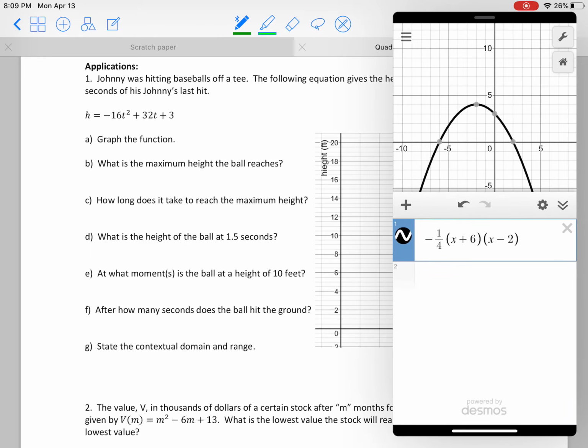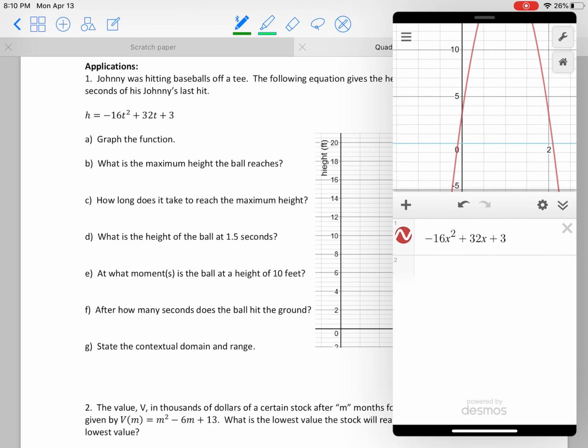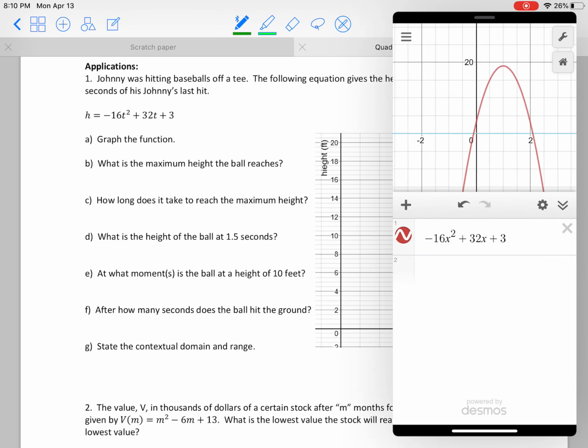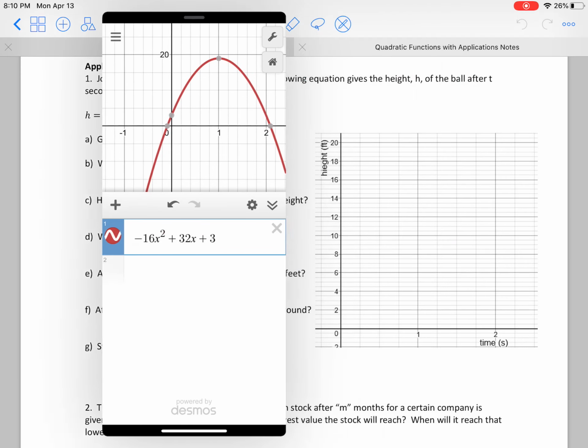First thing it says to do is graph it, and I'm going to use Desmos for that. So -16, we're going to use x in place of t, squared, plus 32x plus 3. And here's our function. Okay, so this is starting on the y-axis at (0, 3).